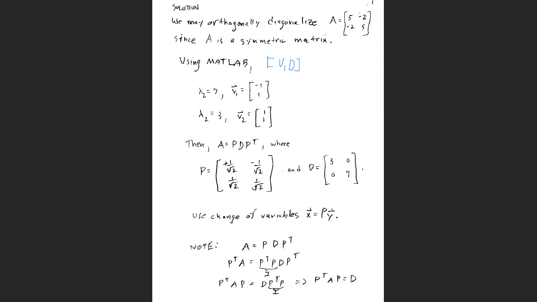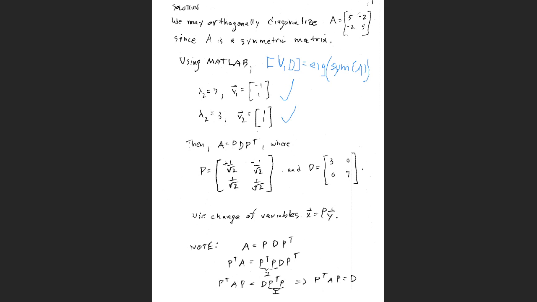The reason we use V and D is because D holds the eigenvalues and the matrix V holds the eigenvectors. This is the command you'll use, and you'll get your eigenvalues and eigenvectors.